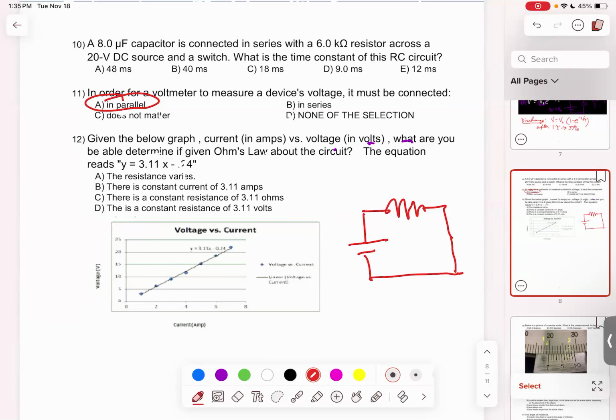In your schematic, you had this item that looked like two little probes, and you put the probe on one side and attach it to the other side, and it showed you the voltage drop. This is in parallel, as opposed to the ammeter. One more time, the ammeter is in series.